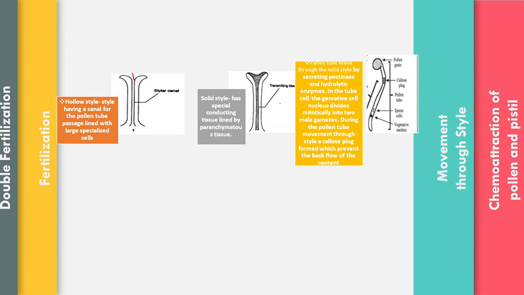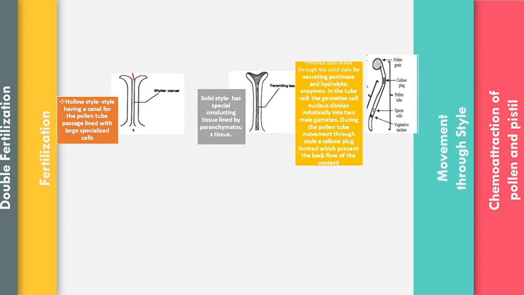In the solid style, what happens? There is no such canal present in the solid style. They have a special conducting tissue which is lined by parenchymatous tissues. The pollen tube has to descend by breaking through this tissue.